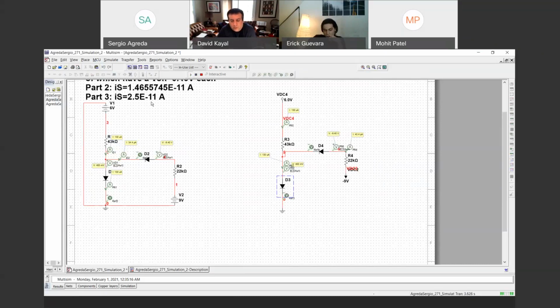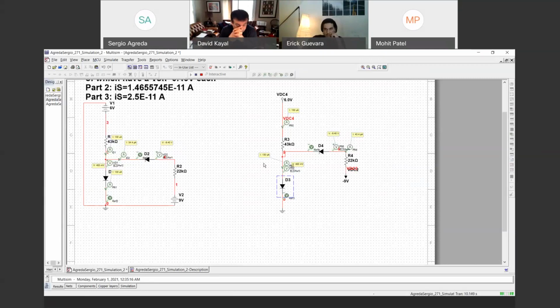You don't need to remember it, you just need to understand that saturation current affects the diode's behavior. Even if you do the calculations, it's still not exact enough to get the correct behavior of the circuit. So you have to fiddle around with the diode's characteristics, because that's what you do in industry. You choose the characteristics that give you the best behavior. And that's basically what you'll be doing in the simulation.